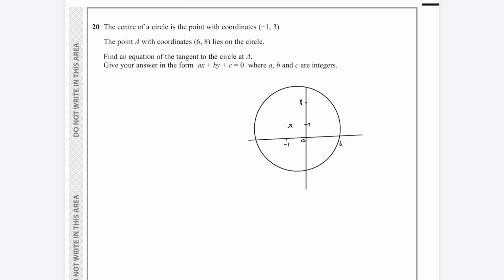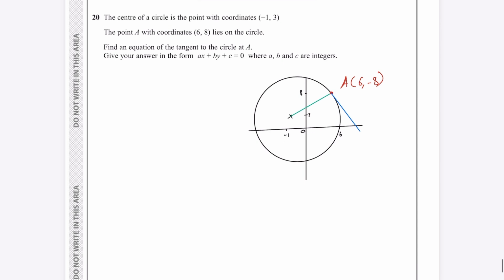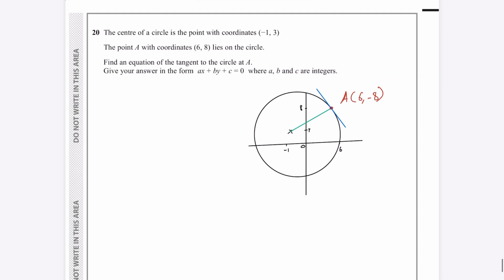Yep, so if I was to draw a line from the center to the edge, so there's a point here called A, and the coordinates are 6, 8, and we know it's got a tangent at this point, so that's going to look something like, I'm not sure why I drew it so small, but that'll look something like that. So roughly that's what the graph looks like, and it's normally good to draw this out.